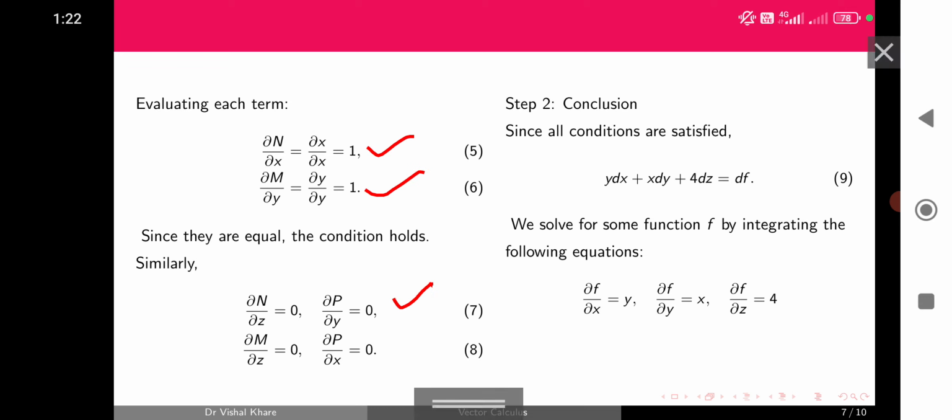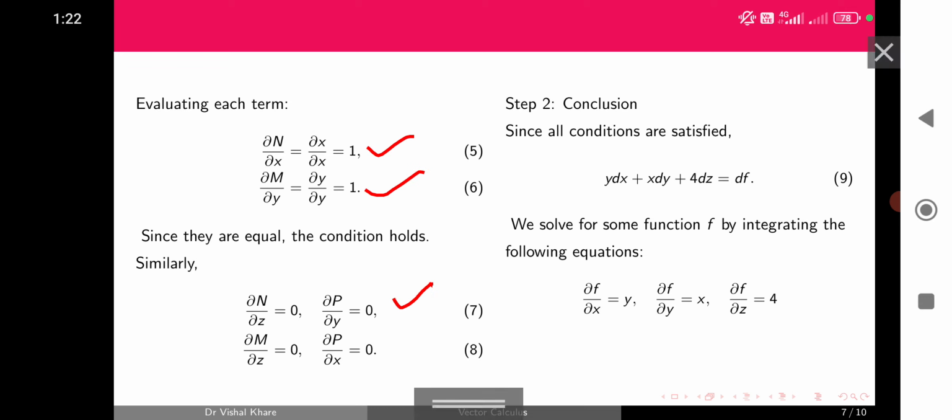So, conclusion: since all conditions are satisfied, y dx plus x dy plus 4 dz is equal to df. We solve for some function f by integrating the following equations: ∂f/∂x is equal to y, ∂f/∂y is equal to x, and ∂f/∂z is equal to 4.